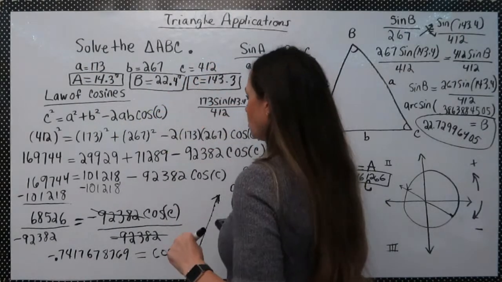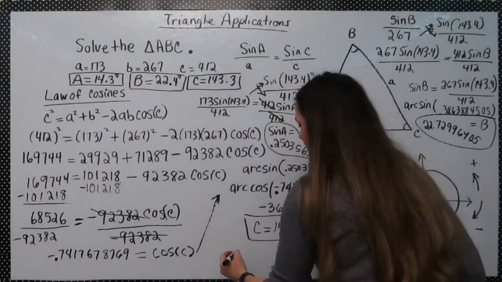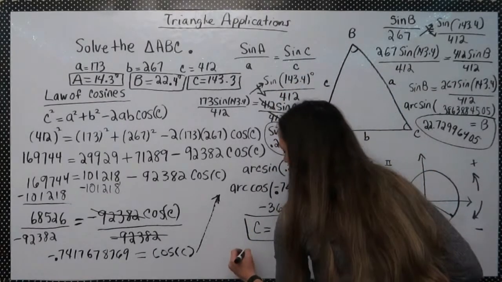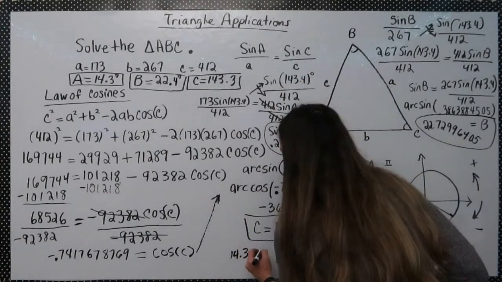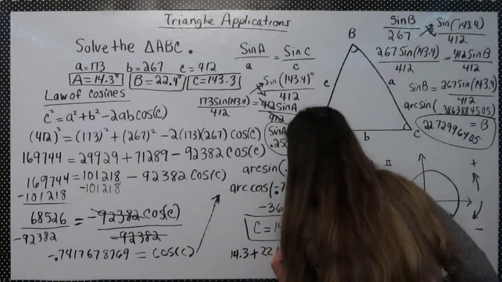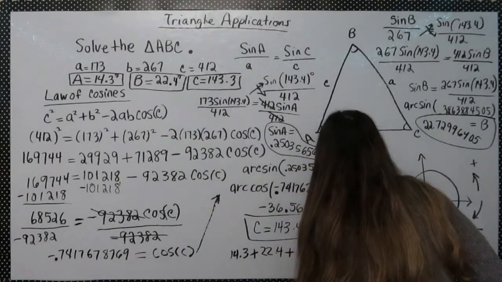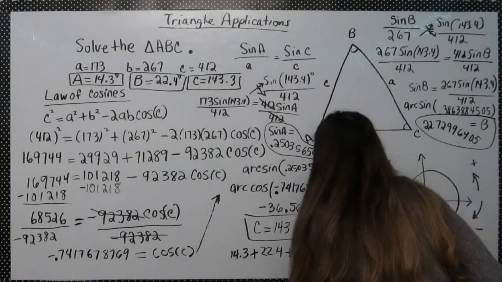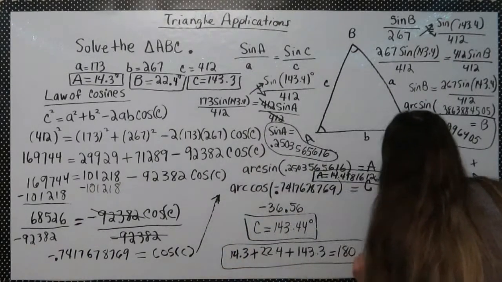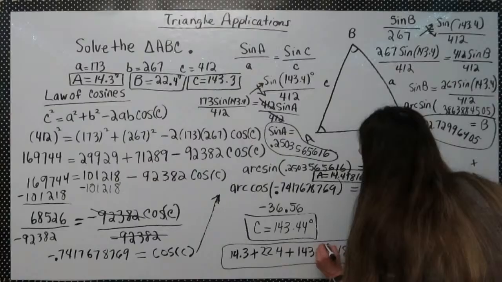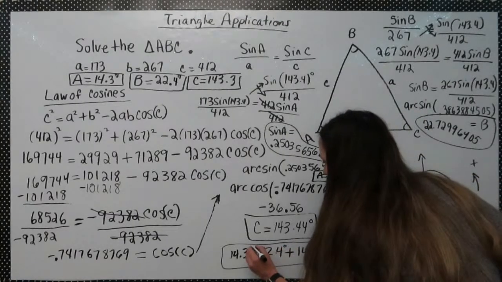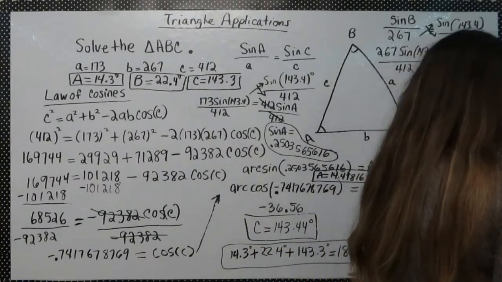And that'll be a better approximation. So you have 14.3 plus 22.4 plus 143.3, and that should equal 180, and it does. I just did it. Good. So it looks like it worked out, even though I was in a mad dash.